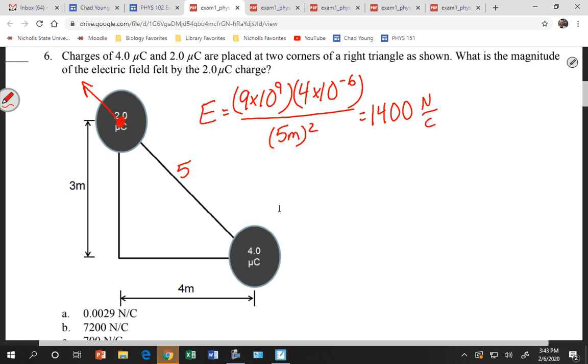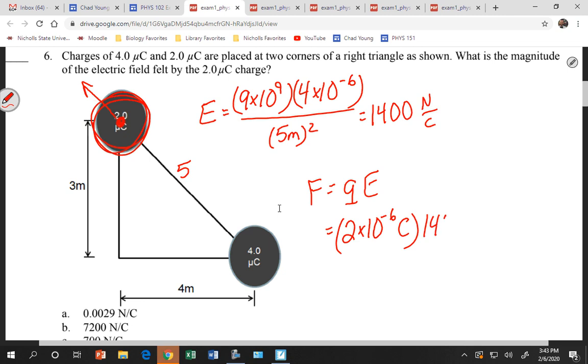But then the next question asks, what is the force felt by that charge? If I want to know the force felt by this charge right here, that charge sits in an electric field of 1,400 newtons per coulomb. So it's 2 times 10 to the minus 6 coulombs times 1,400 newtons per coulomb.